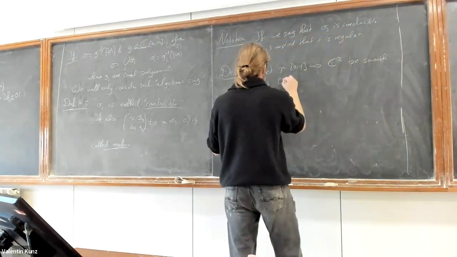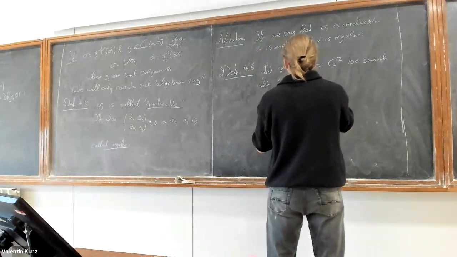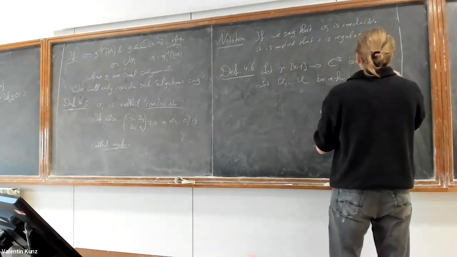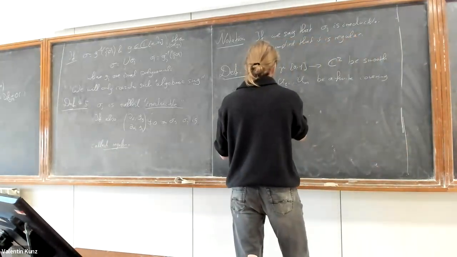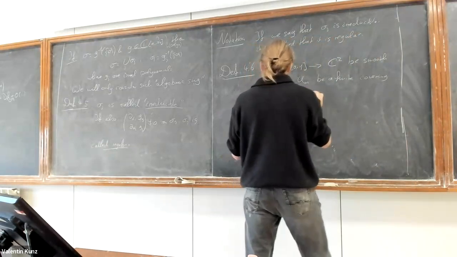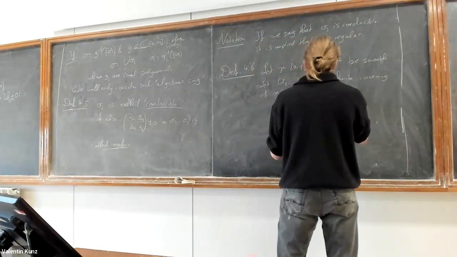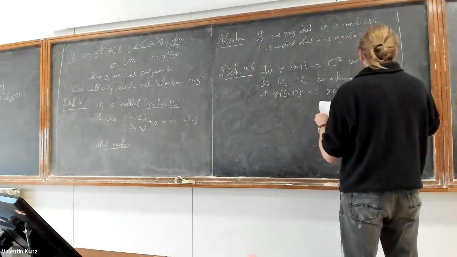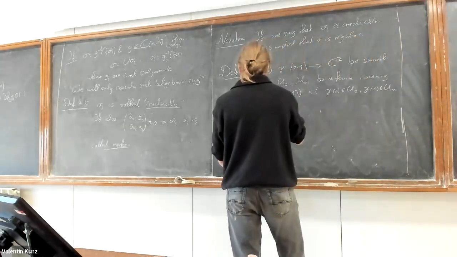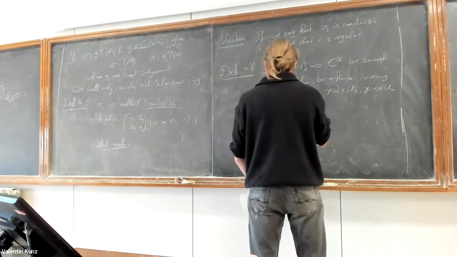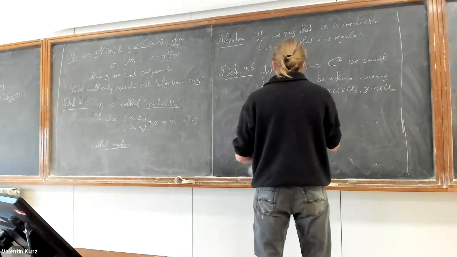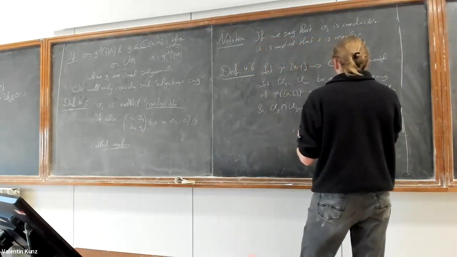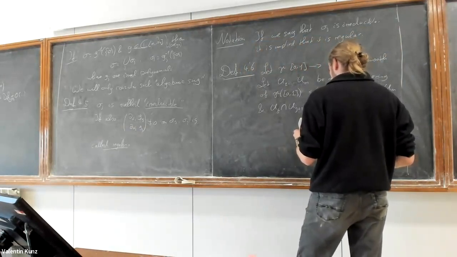And let U1, ..., UM be a finite covering of gamma of [0, 1] such that gamma of 0 is in U1, gamma of 1 is in UM, and the intersection of Uj with Uj+1 is not empty.